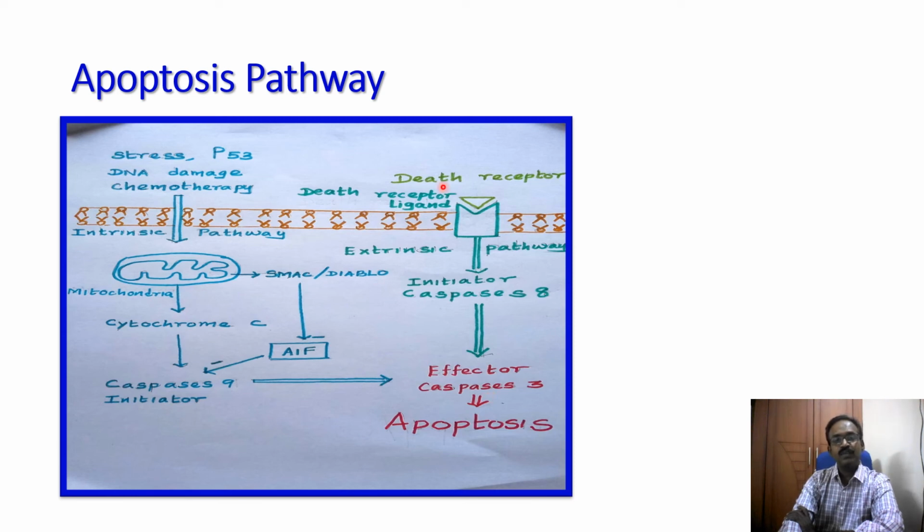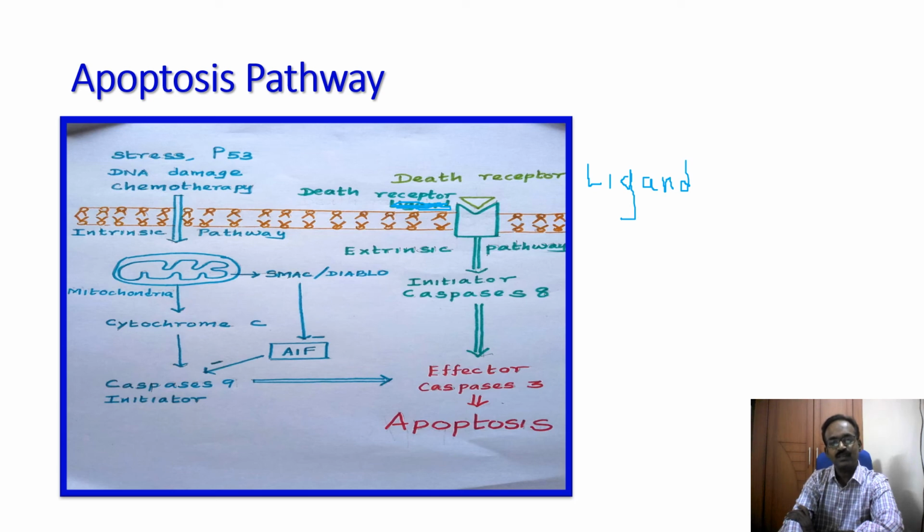The extrinsic pathway of apoptosis is due to the death receptor ligand. That green color is the death receptor ligand. Here it is wrongly mentioned as death receptor. Okay, so this is the death receptor ligand, and this is the death receptor.